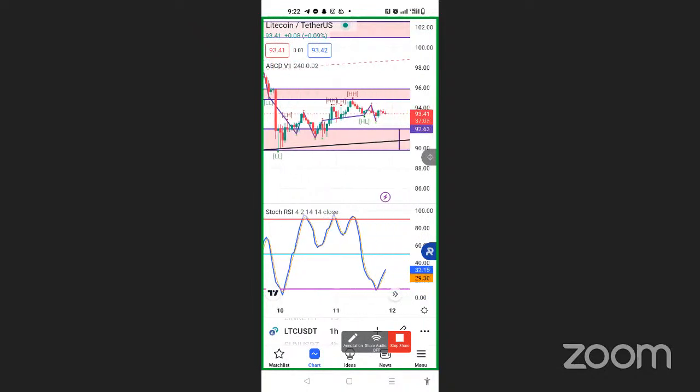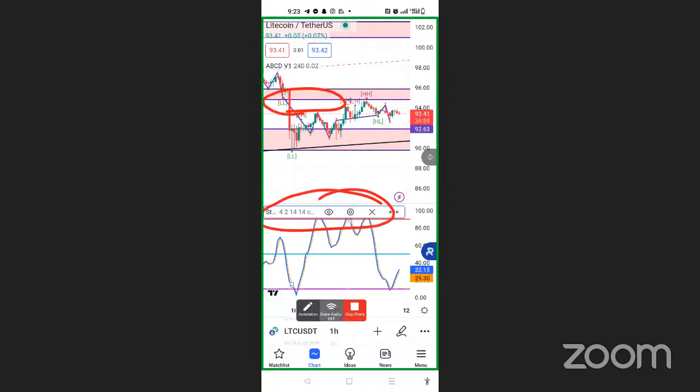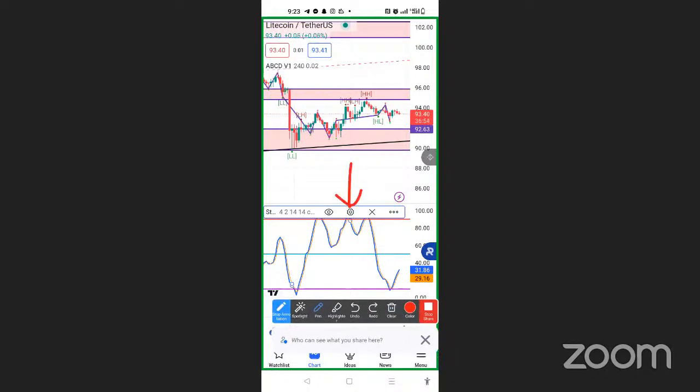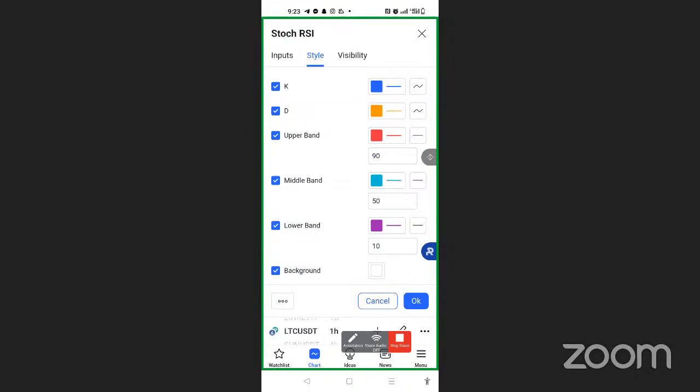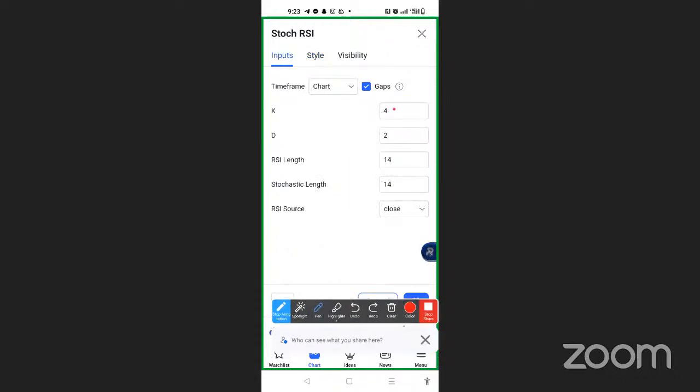So the stochastic RSI, the first step is to make sure that we set it right. So we tap on the name of the indicator, and then we tap on the settings here. On the settings, we start on the input, like we have been saying several times, that you make sure this is a 4, this is a 2, this is a 14, this is a 14.